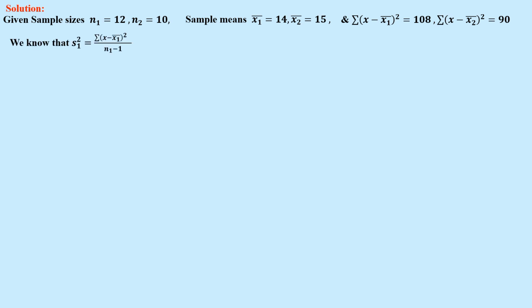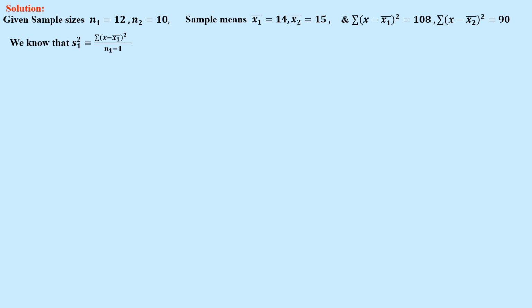Given sample size n1 equal to 12 and n2 equal to 10. Similarly, summation of x minus x1 bar square equal to 108 and x minus x2 bar square equal to 90. x1 bar, x2 bar we know, 14, 15. We know s1 square, so here we have to use this formula, as used in the last video.